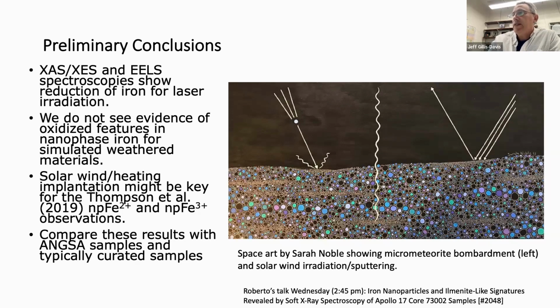We don't see oxidation for the actual nanophase iron through EELS and HAADF imagery. The X-ray absorption and emission spectra are more of a bulk measurement. Their area is more on the millimeter square area, but similar depths on the order of 100 nanometers or so.